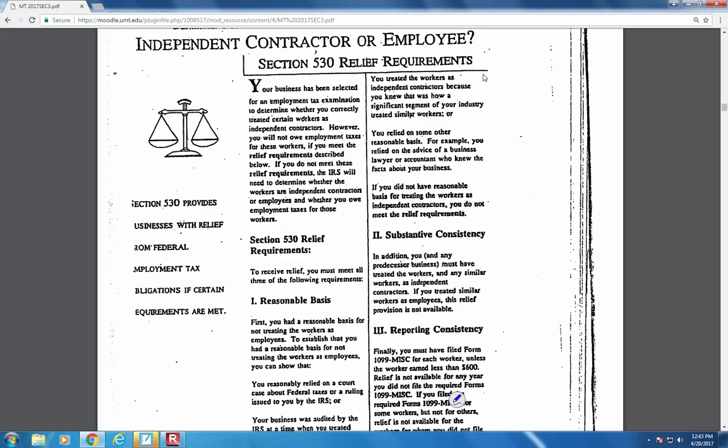But what could the employees do besides being reclassified? They could sue Microsoft. And so this is a problem for employers that have misclassified. So about that time, a little later than that, but it doesn't matter, the IRS came up with something called Section 530 relief.